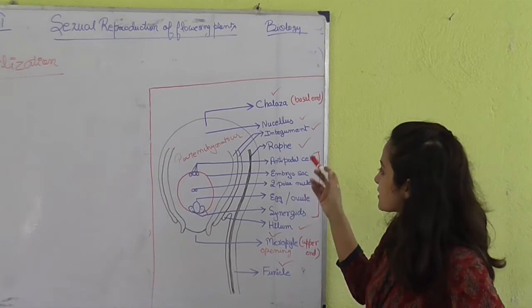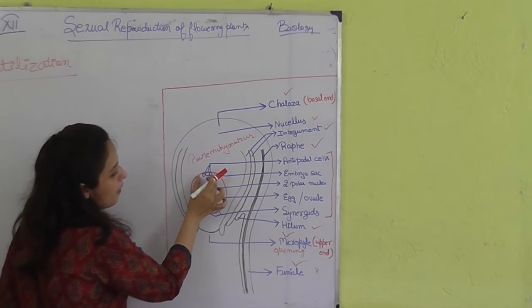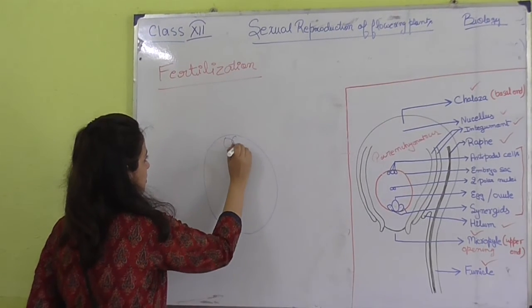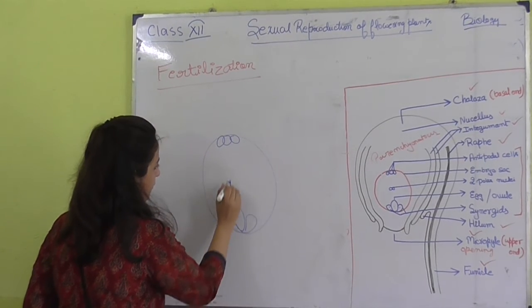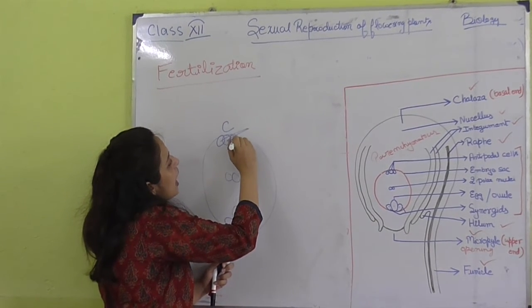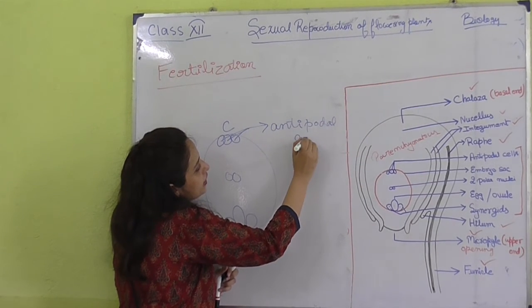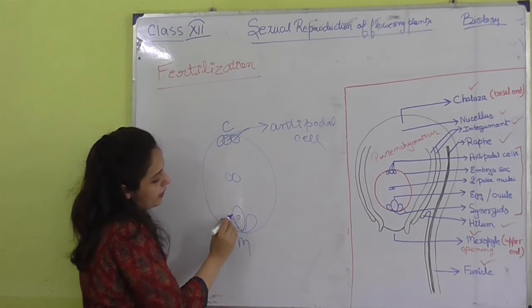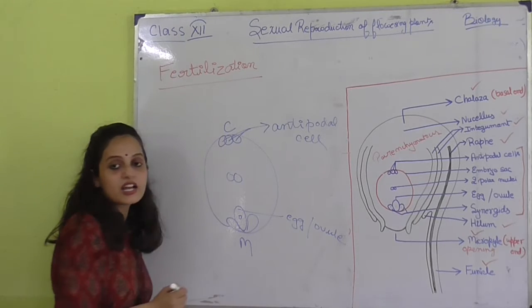Inside the embryo sac, as stated earlier, the 3 cells that form at the top, on the chalazal end, are known as antipodal cells. The large cell at the micropylar end, in the middle part, is the egg, which will later become the seed.